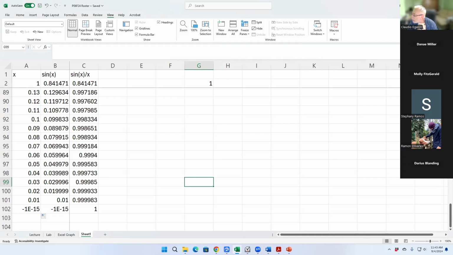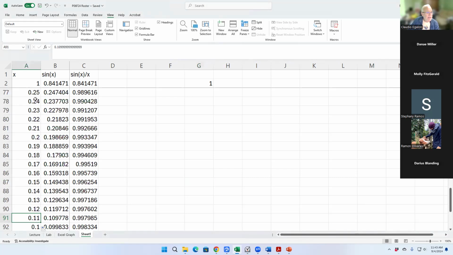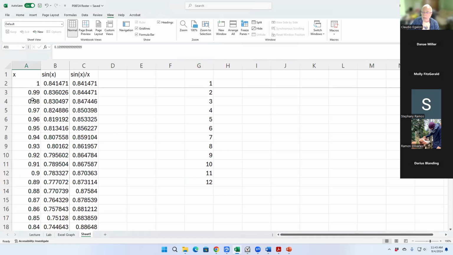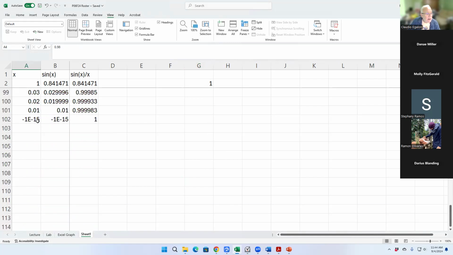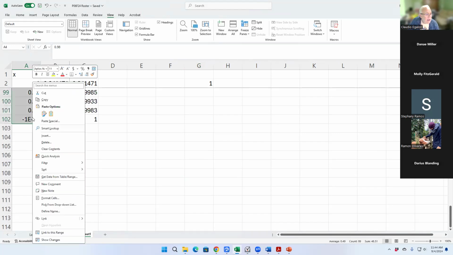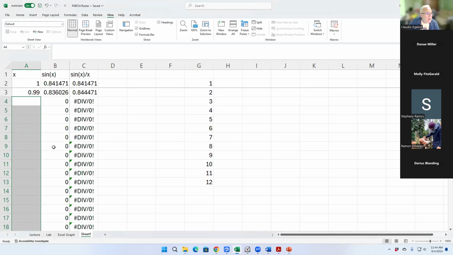Highlighting the first row. Lots of questions here, let's see if I can answer everyone. What did you do after highlighting the first row? I clicked and dragged. That's what I did after highlighting the first row. Here you go, I'm going to do that again. 1 and 0.99.